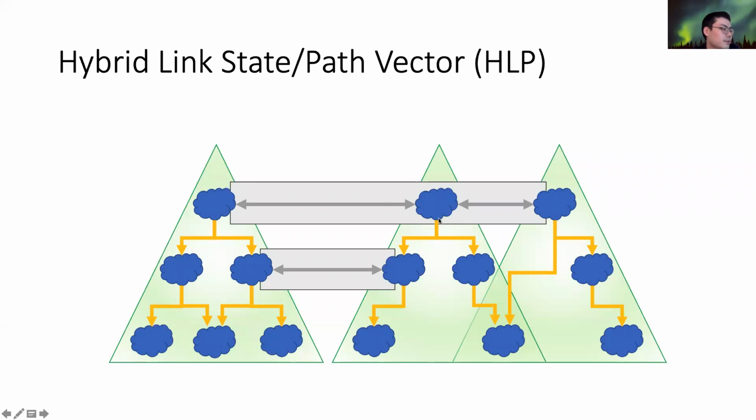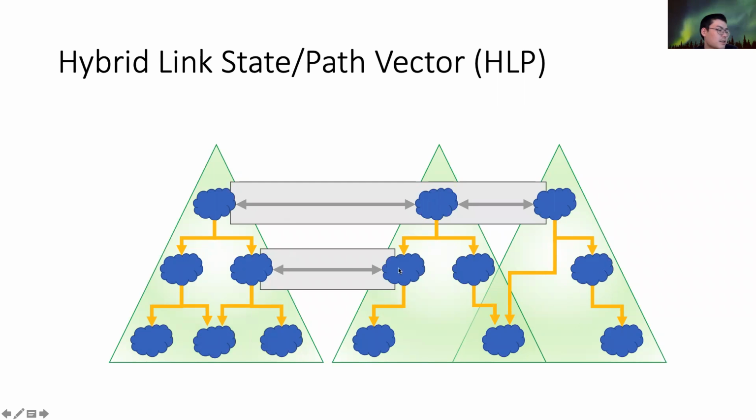Here you can see that we have a tier 1 service provider. They generate three hierarchies, and this one is shared by two of them. These are all the downstream customers, and then they also have parent links like this.